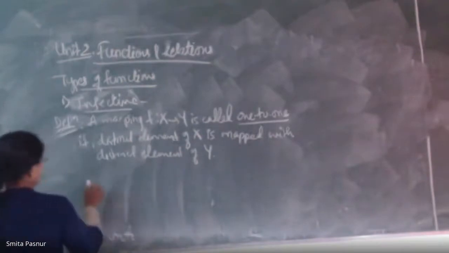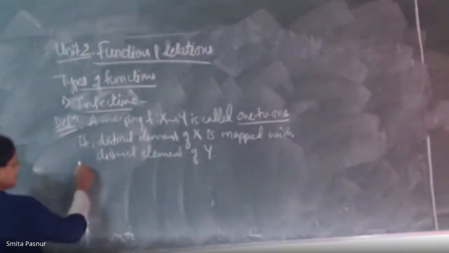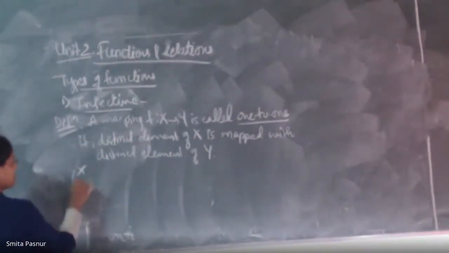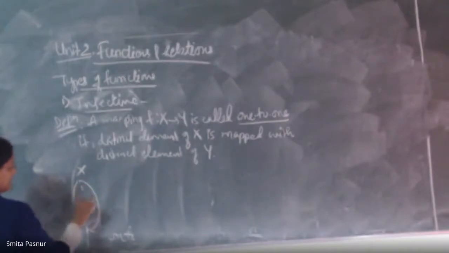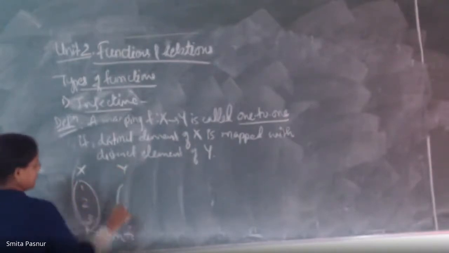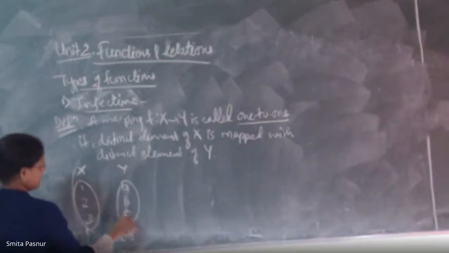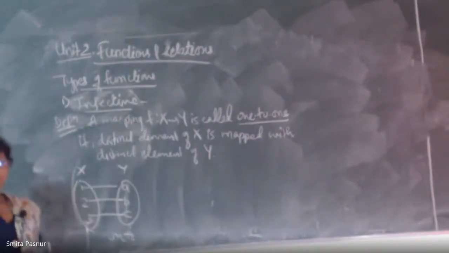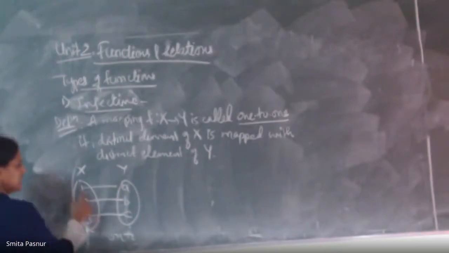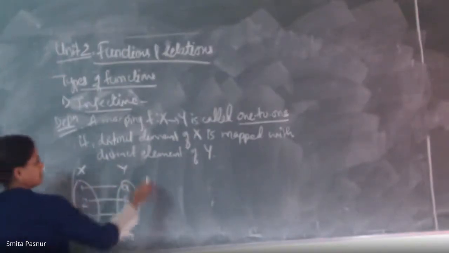See the example now. Suppose this is x: 1, 2, 3, and here you have y: a, b, c. So this is one to one, because each and every unique element of x is connected to a unique y.